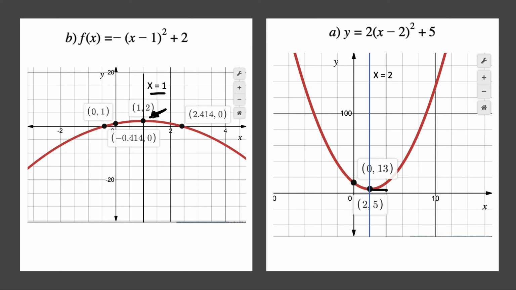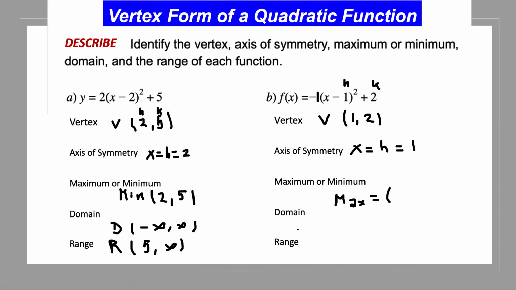The maximum is wherever the vertex is, because this is concave down, and it goes forever down. So the maximum is (1, 2). Whenever the leading coefficient of the quadratic function is negative, the parabola is concave down, therefore it has a maximum point (1, 2).